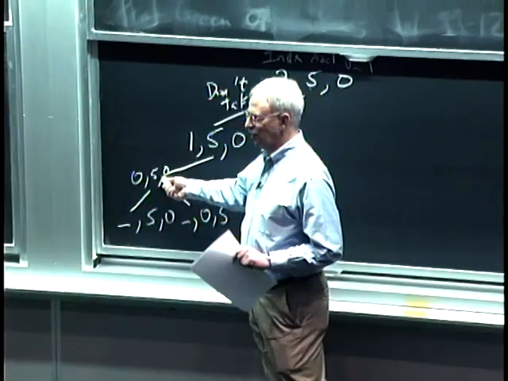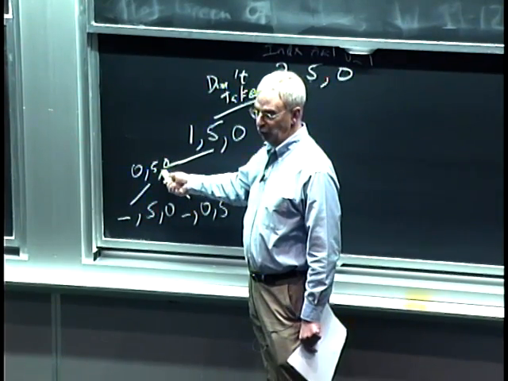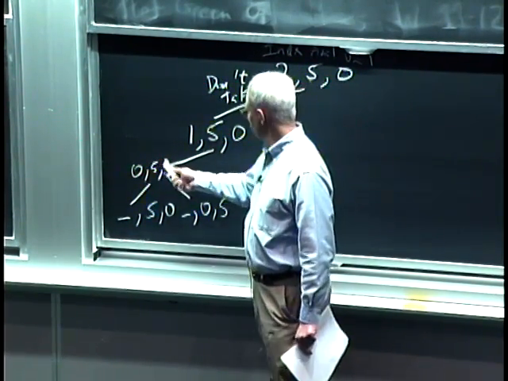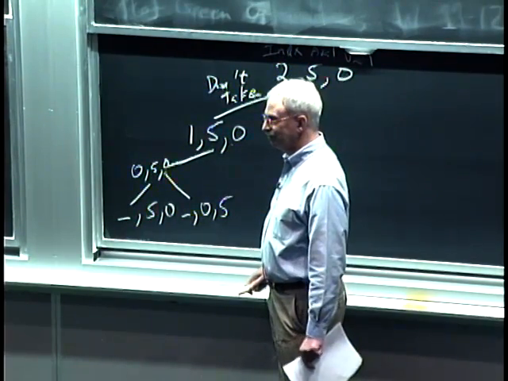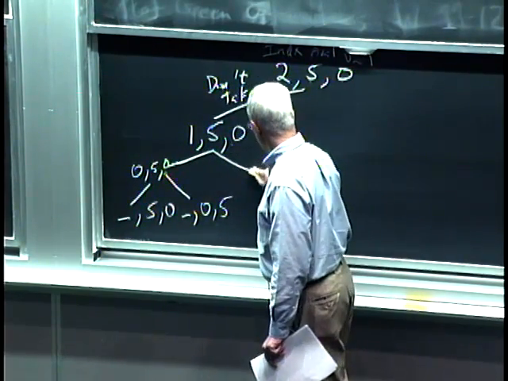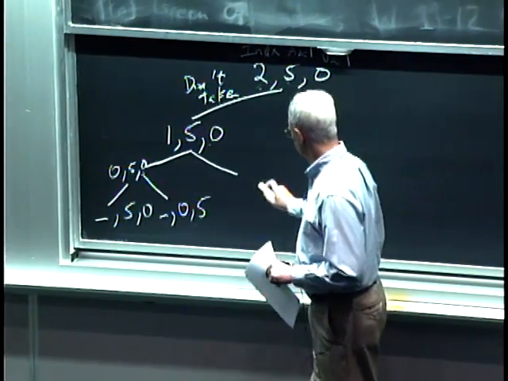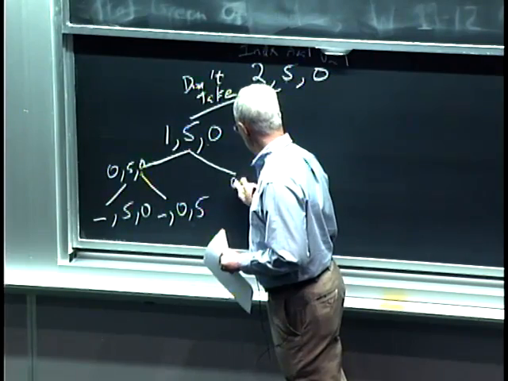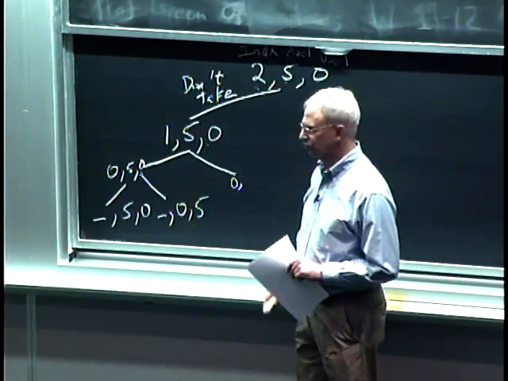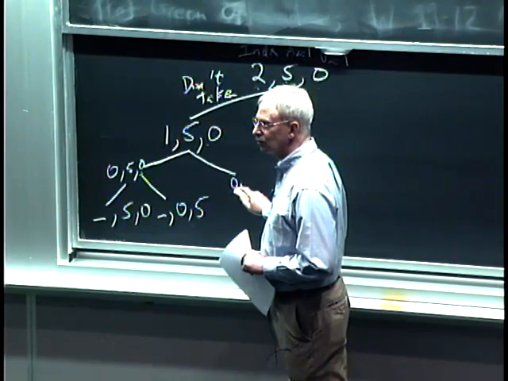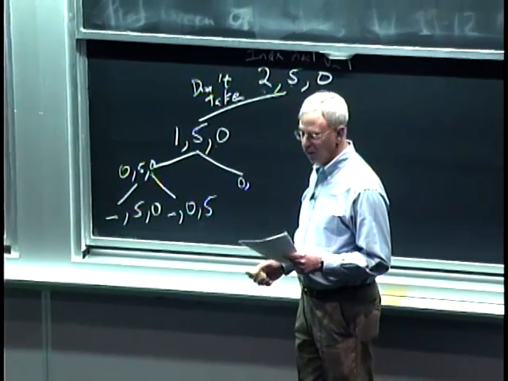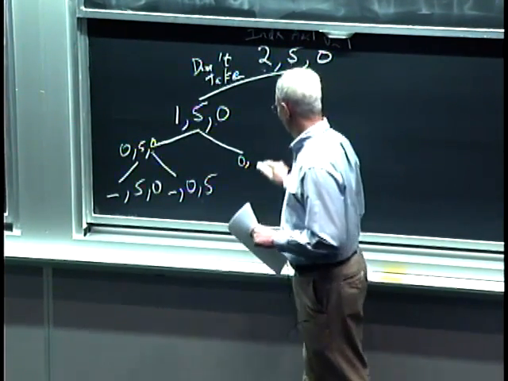We backtrack to here again. There's nothing useful to do. We backtrack to here. And we ask, what do we get with this node? 0, 3. Somebody? Louder. 2.